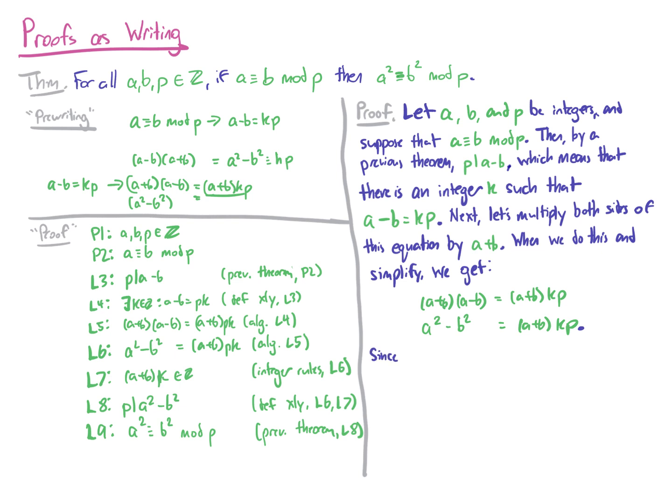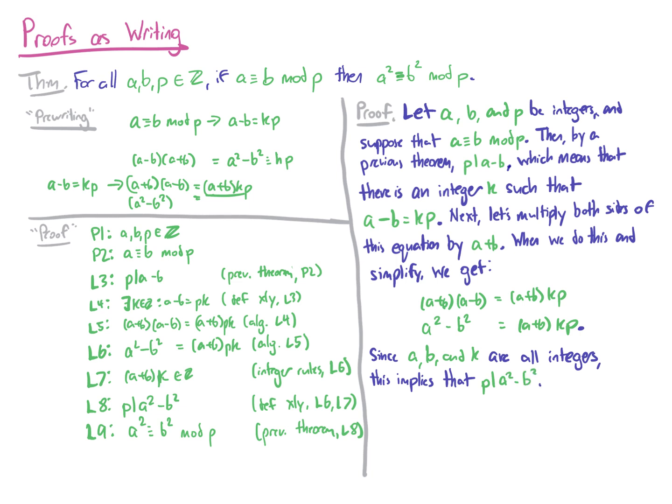Since a, b, and k are all integers, this implies that p divides a squared minus b squared.